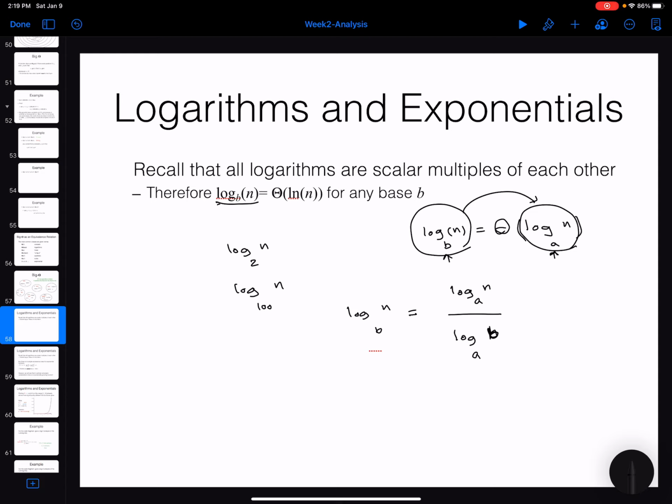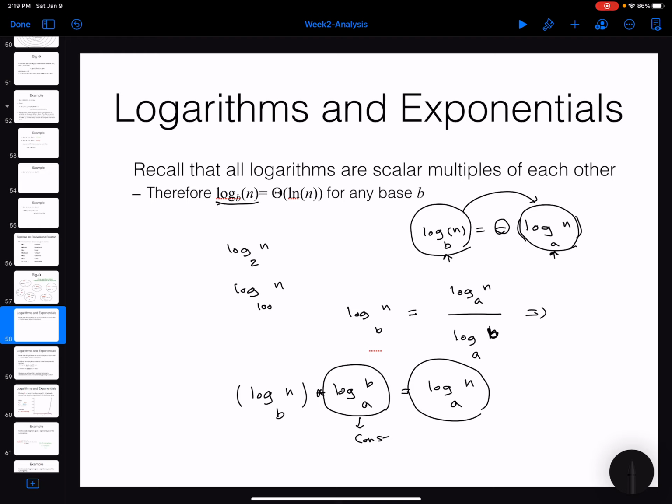Now if I simplify, log of n in base b multiplied by log of b in base a is equal to log of n in base a. What is this number? This is going to be a constant, right? Because b is constant, a is constant, log of b in base a is going to be a constant.